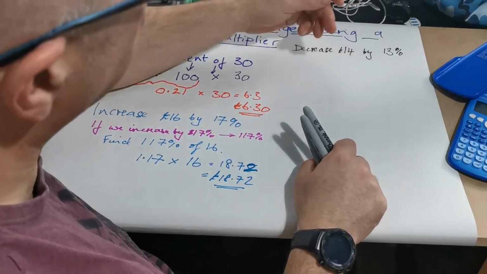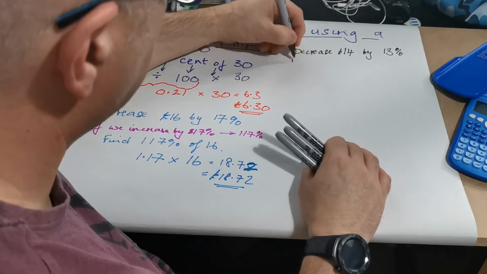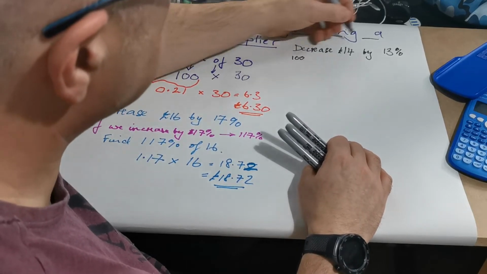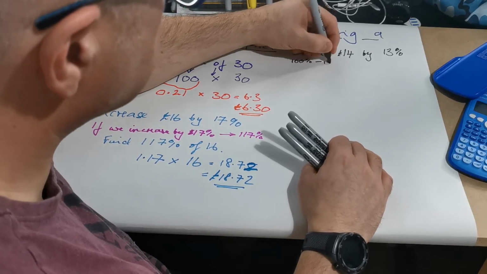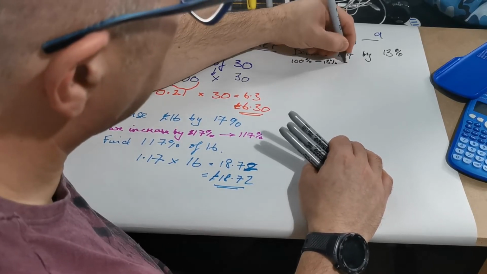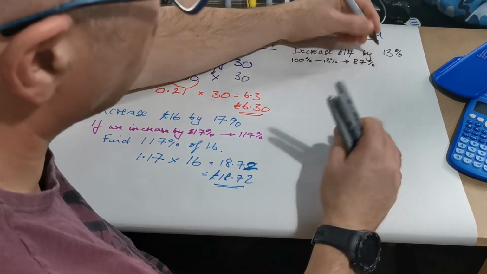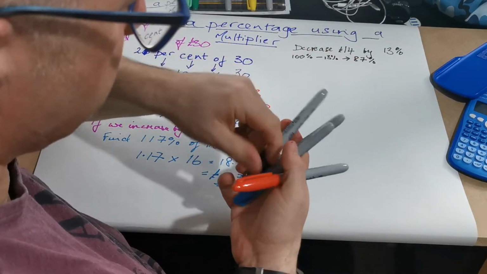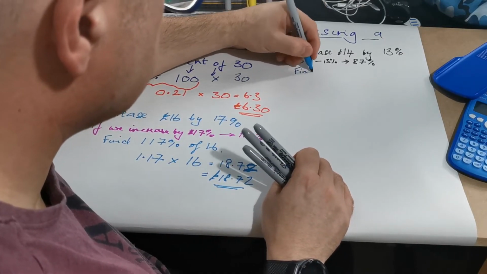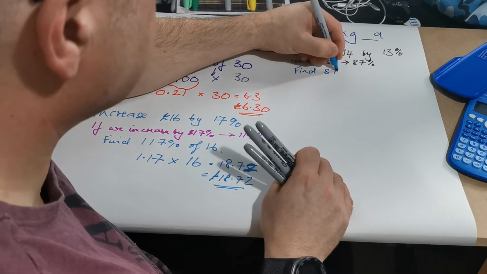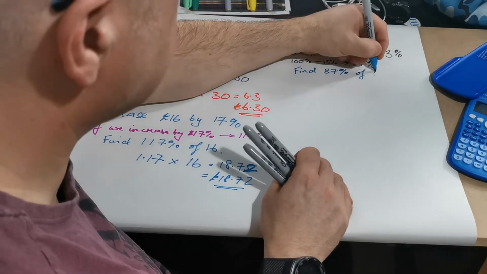Now if I start off with 100% and I take off 13%, because I want to decrease by 13%, 100% take away 13% would give me 87%. So the question becomes, find 87% of £14.